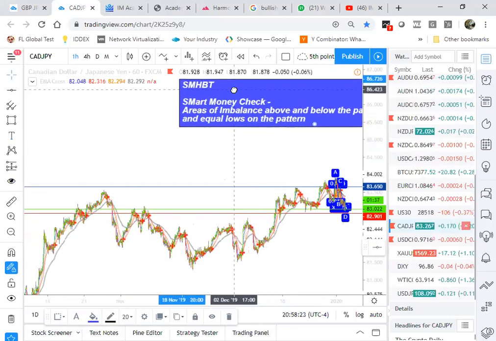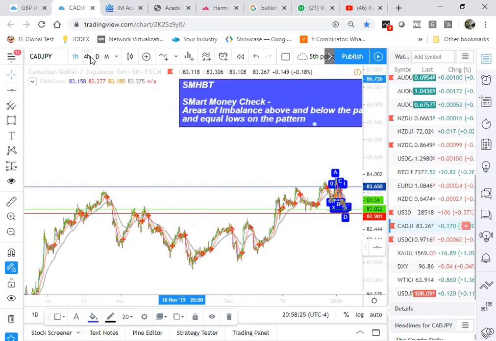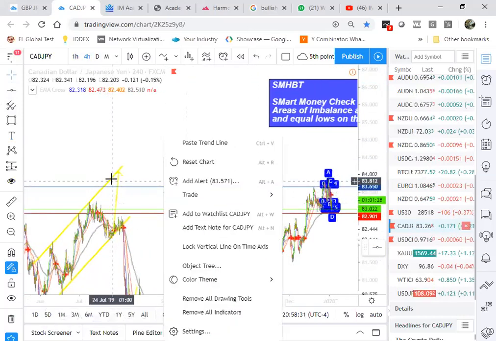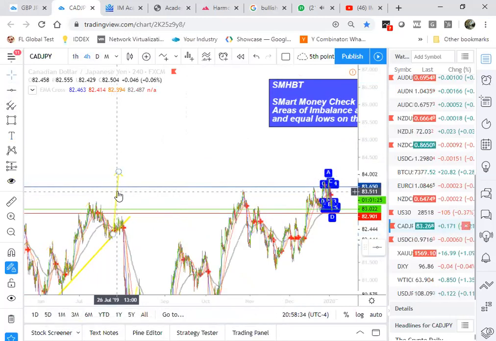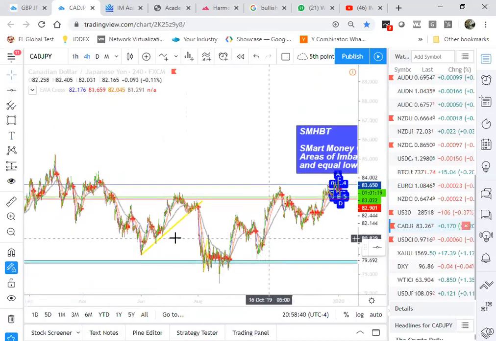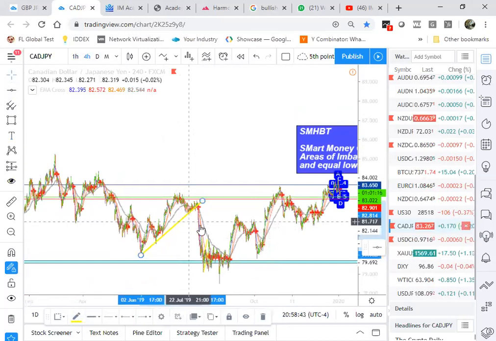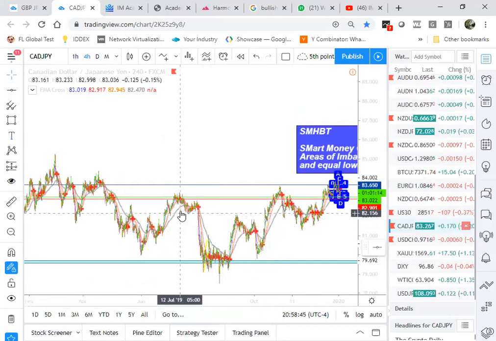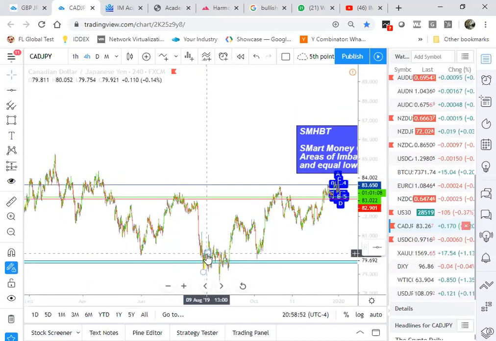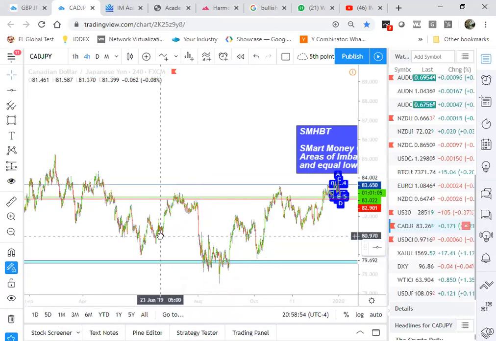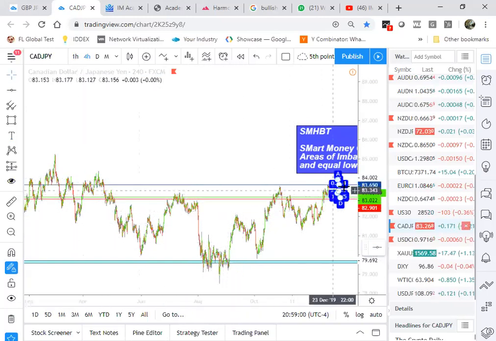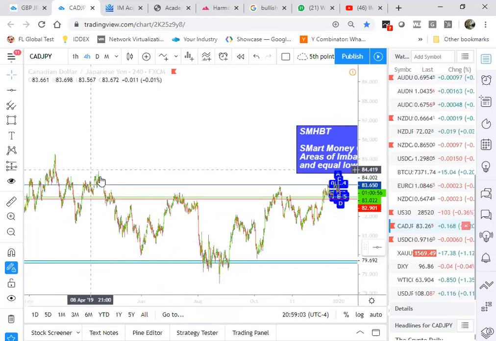So I'm not going to go into the full details of it, but generally speaking, just to give you an overview, let's delete some stuff. I'm looking at price history above and below the pair that I'm looking at. So above the current price, I'm looking at these areas here.